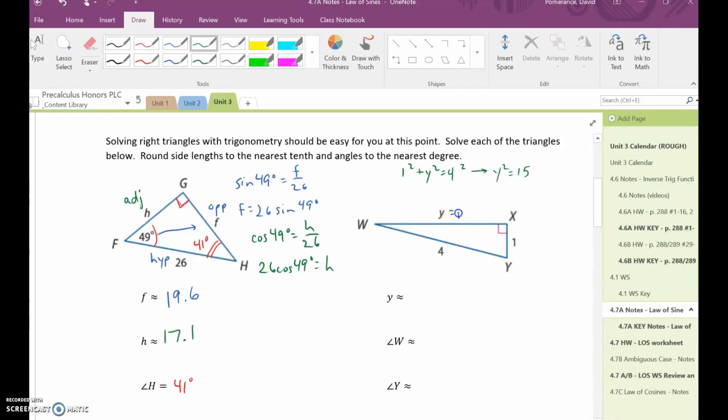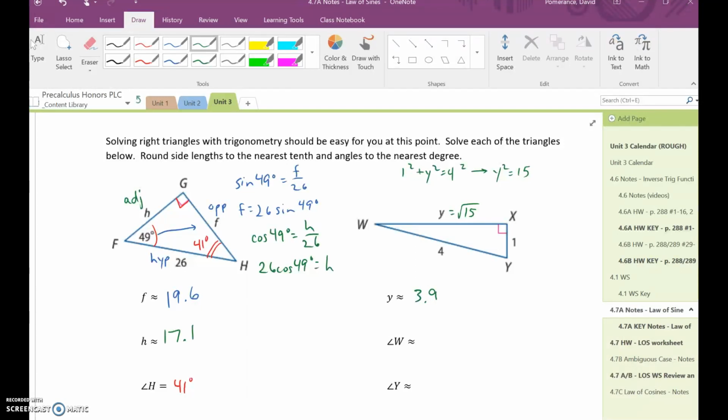So we know that y equals the square root of 15, because we're all experts at the Pythagorean theorem. The square root of 15 as a decimal, my calculator tells me, is 3.87, so 3.9 rounded. And that is the length of side y, or WX, if you want to call it that.